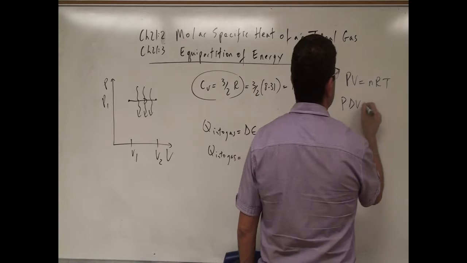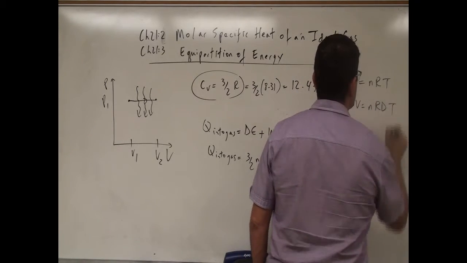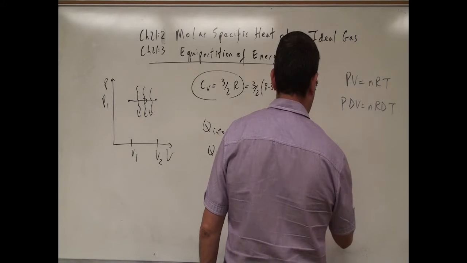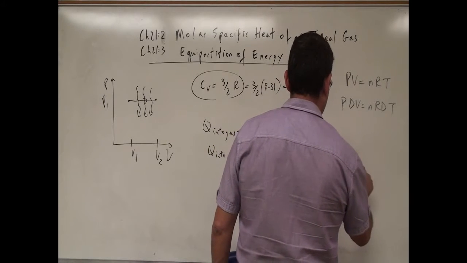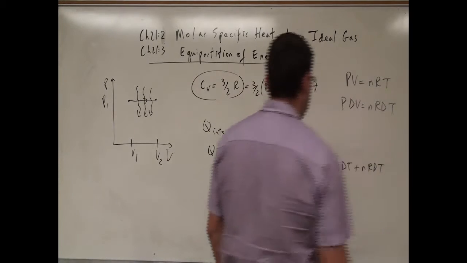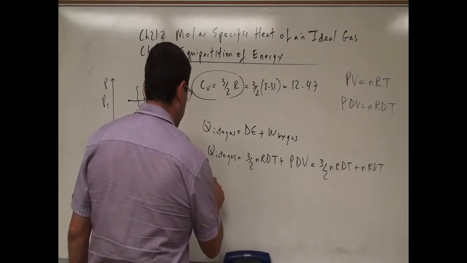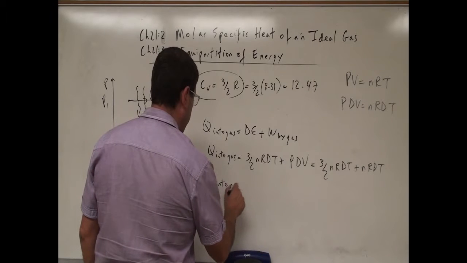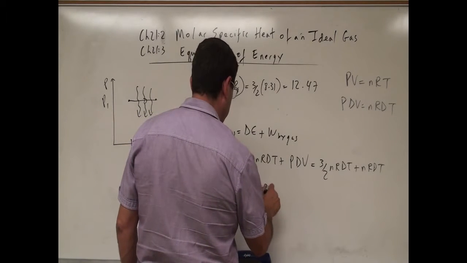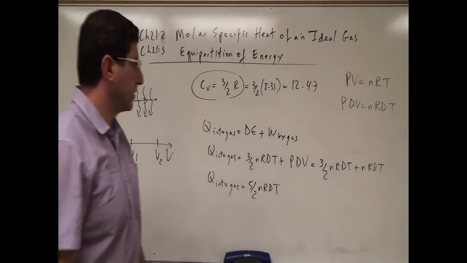P delta V is equal to nR delta T, right? Then I can substitute that into there. We have 3/2 nR delta T plus, and then P delta V is going to equal nR delta T. Then we can add those, then we have Q into gas is equal to 5/2 nR delta T, right?